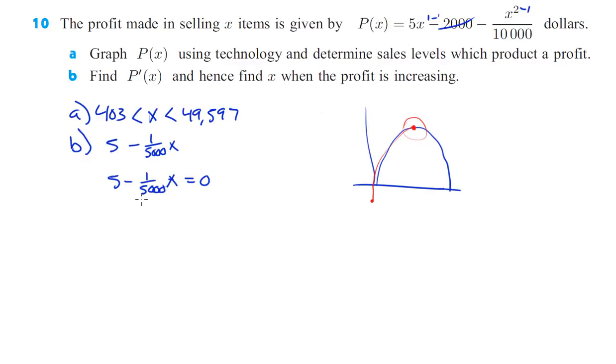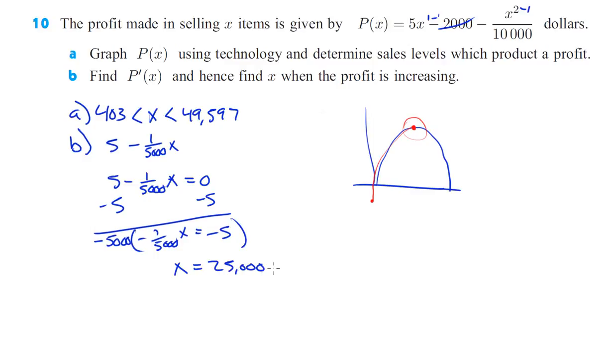So let's just figure it out by solving this, right? Subtract 5 from both sides, and we get negative 1 over 5,000 x equals negative 5. So really if we multiply the whole thing by negative 5,000, this side over here is just going to turn into x. So negative 5 times negative 5,000 is 25,000.